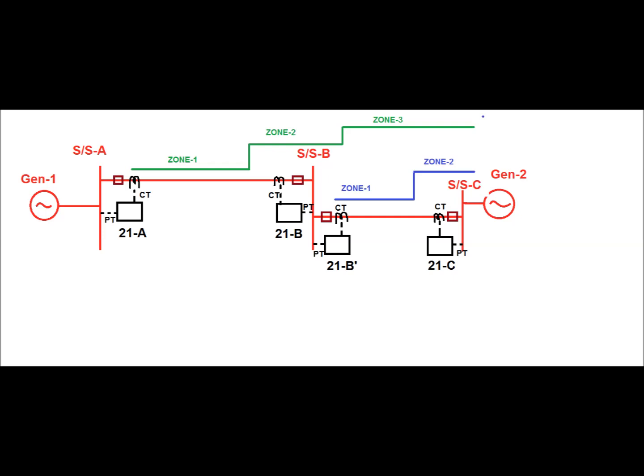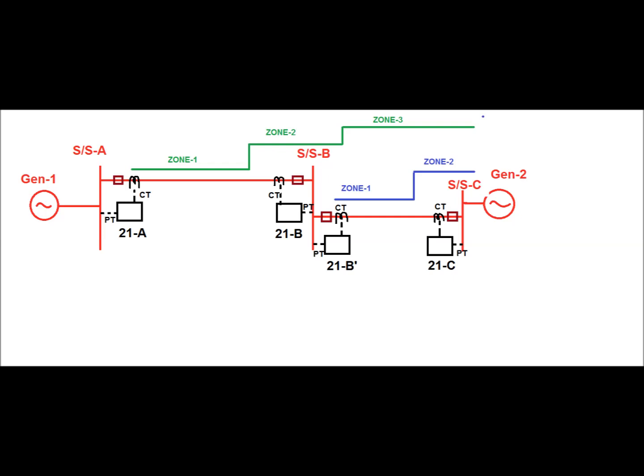That is, if any fault occurs in the adjacent line and the circuit breaker fails to trip, then this line should be tripped as a backup protection, that is at zone 3 time, to clear the fault. Now zone 1, zone 2, zone 3 settings or coverage has been shown in this diagram for the 21A distance relay.